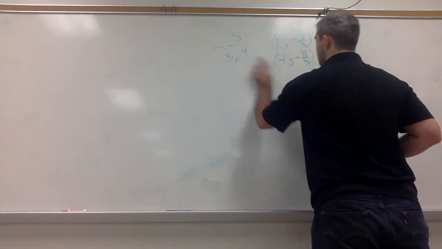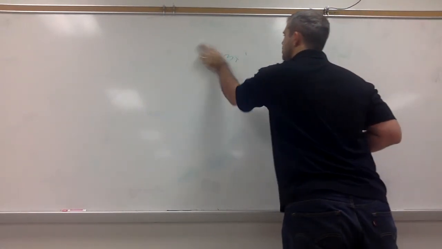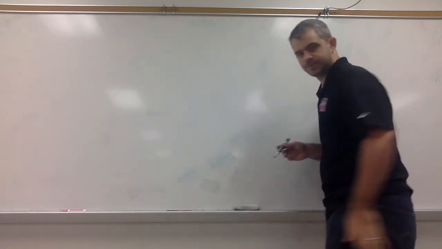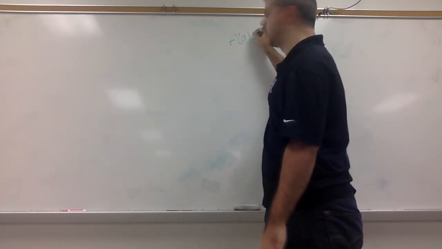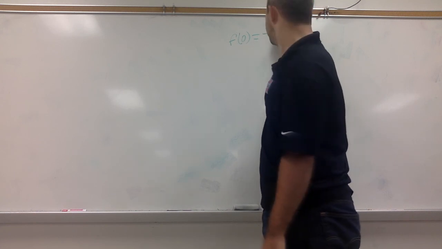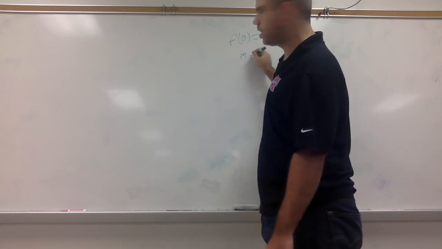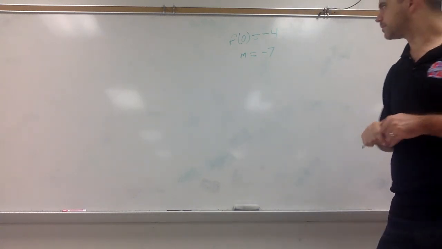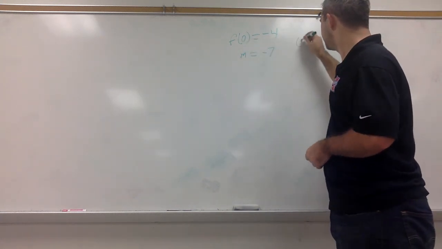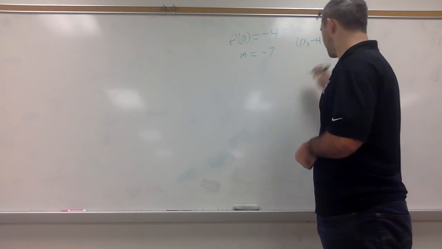All right. When you see this question on your test, you should rejoice, because it's giving you a point and a slope, but not just any point. (0, -4), what's special about that point?